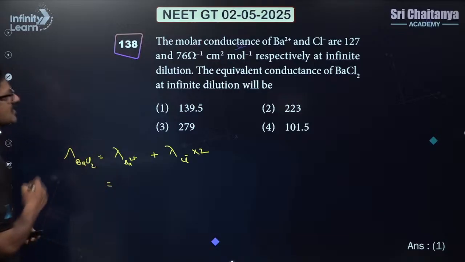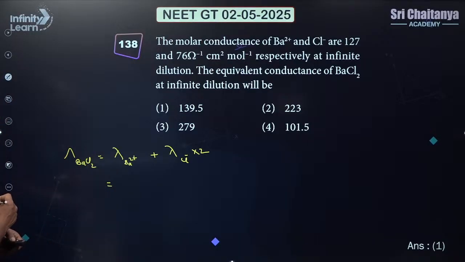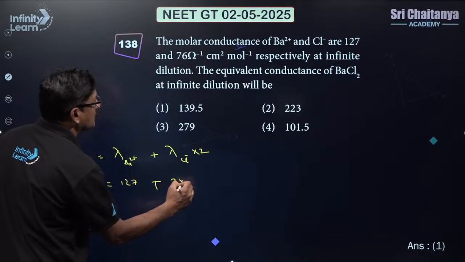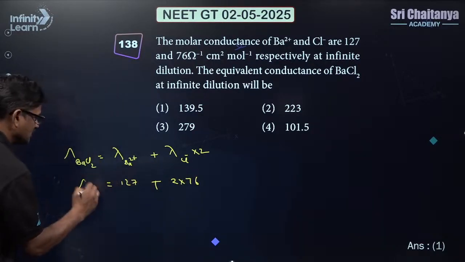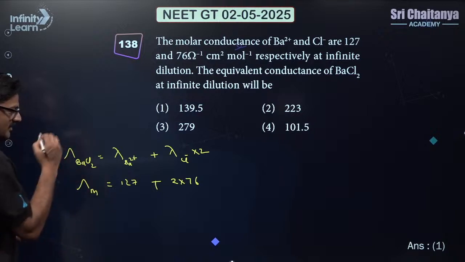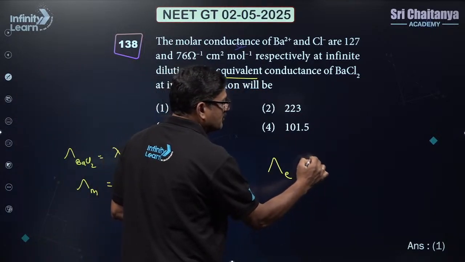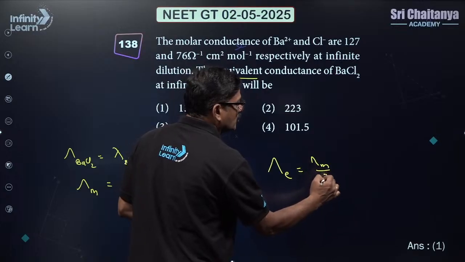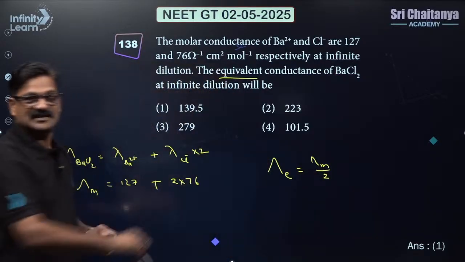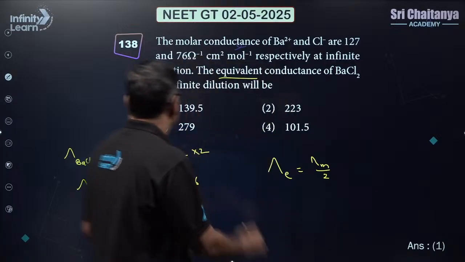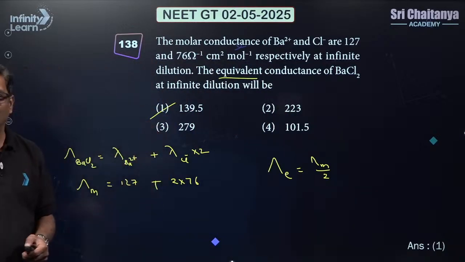So these values are given: Cl minus is 127 plus 2 into 76. So this is your molar conductance. And it is asked about equivalent conductance, that is going to be molar conductance upon 2 because its valency is going to be 2. Hope you understand. And the answer is going to be 139.5.